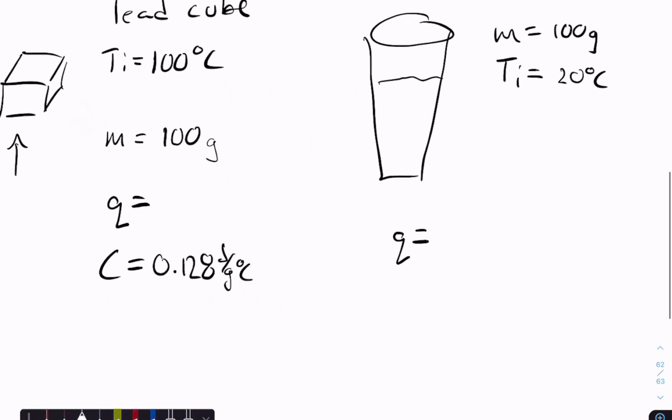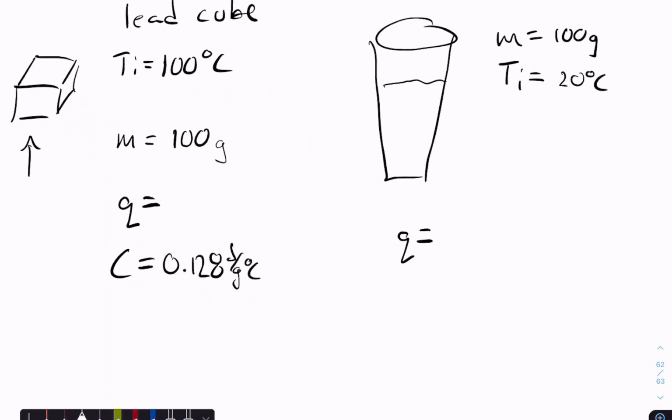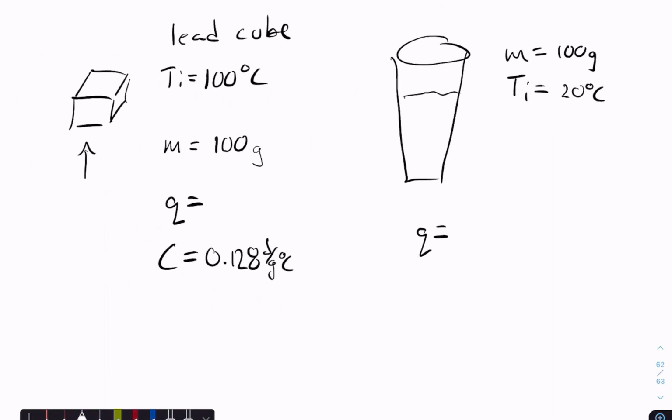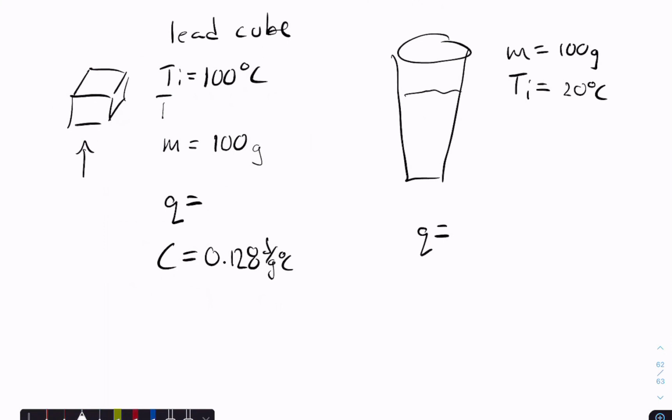And I'm just kind of coming up with this off the top of my head. Let's say that we add this cube in and we want to know what the final temperature is going to be. This is going to be the problem that you're going to have to do tonight. So if we put this in, what temperature are these going to come to?